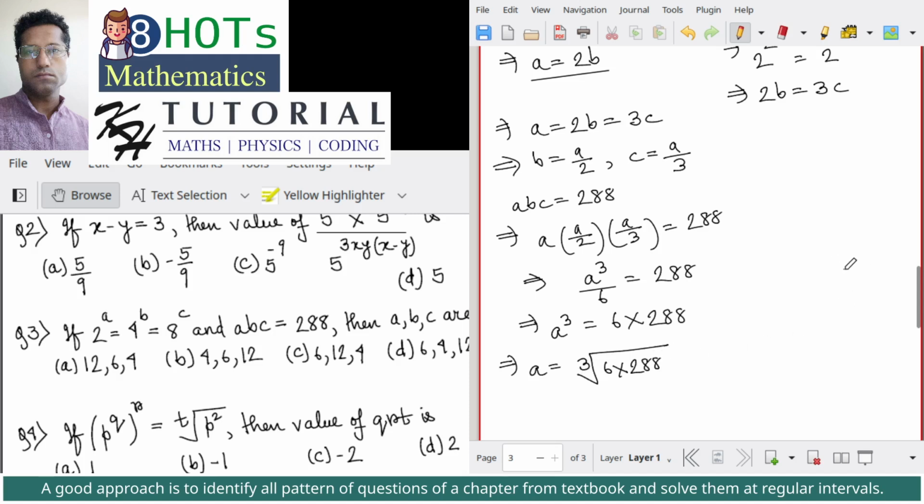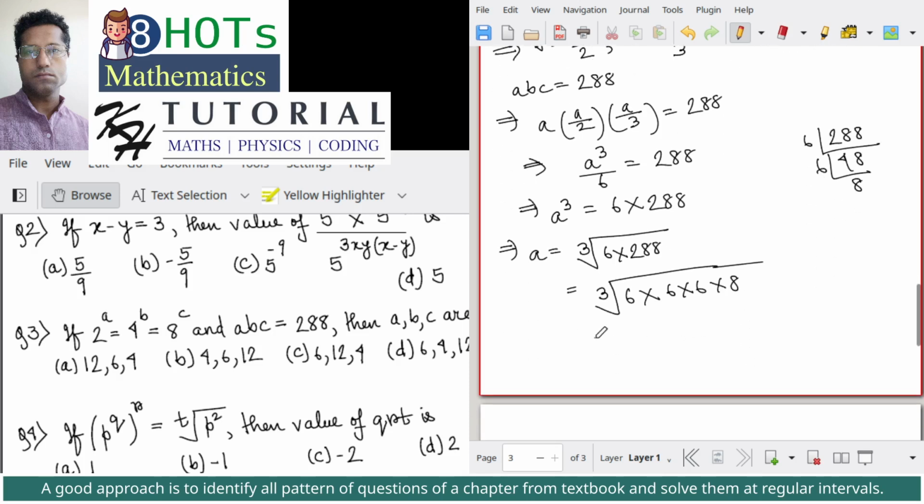Let's factorize. What is 288? I think it will divide by 6. 6 times 48 is 288, and 48 is 6 times 8. So this is equal to the cube root of 6 multiplied by 6 multiplied by 6 multiplied by 8.